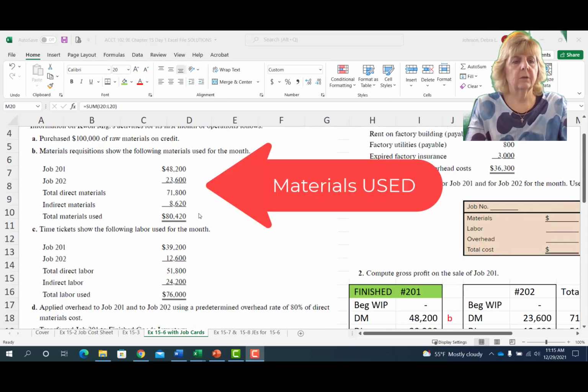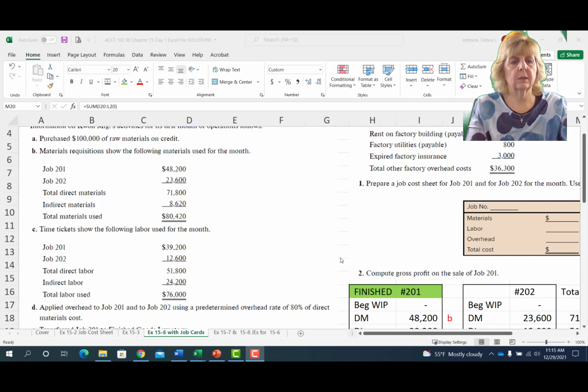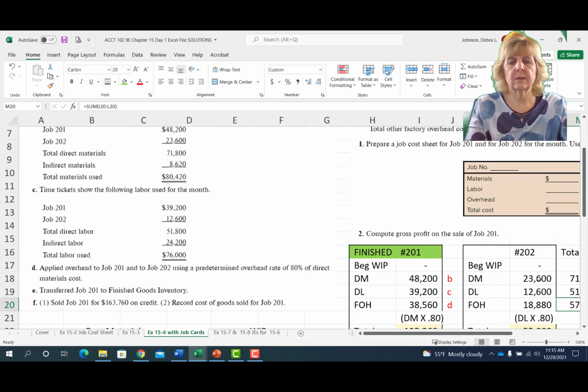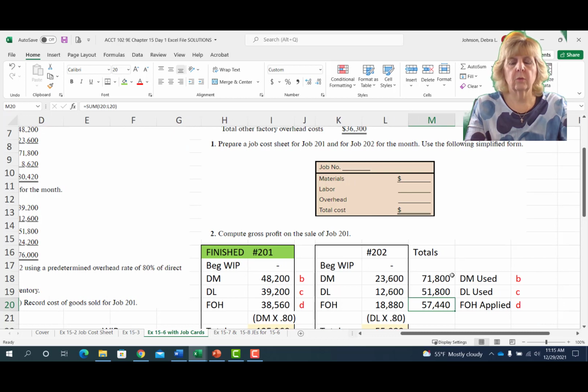Let's go back and take a look at letter B. Letter B deals with materials being requisitioned out to both jobs as well as to the general factory. So what you should have done on letter B is you should have updated the job cost sheets for the materials of 48,200 and 23,600, and off to the right you'll see that my total sum of direct materials used was 71,800.